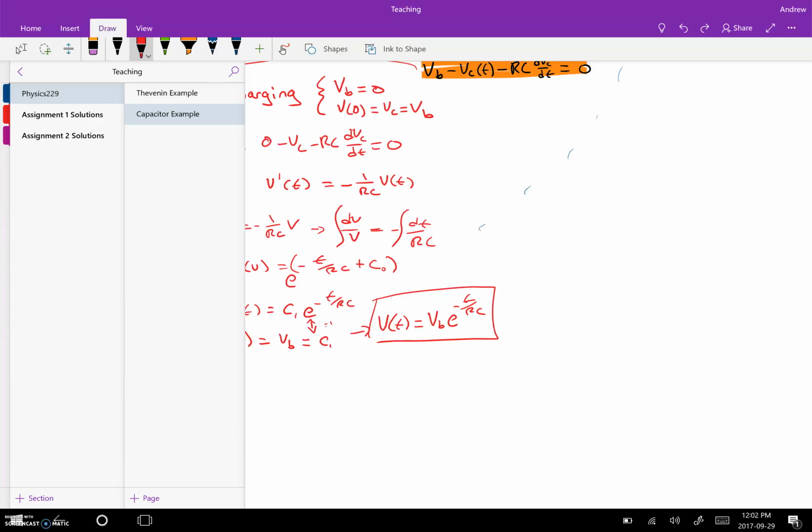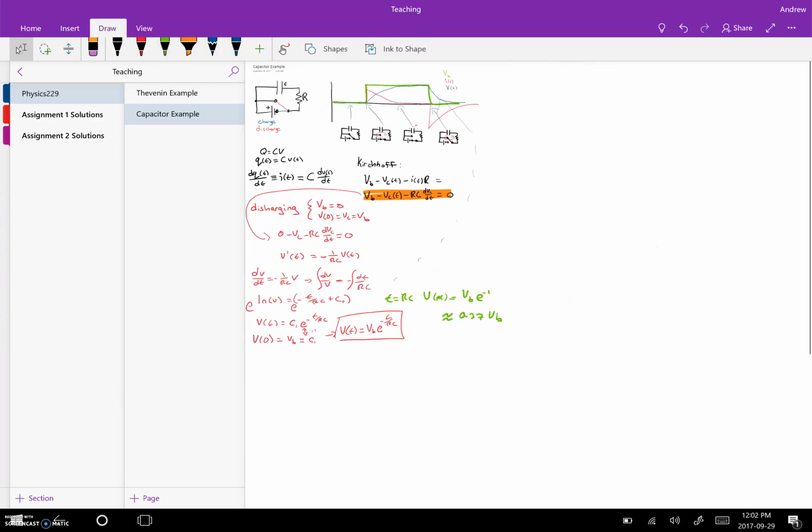But when T is equal to RC, let's write aside, T is equal to RC, V of RC actually, is equal to VB times e to the minus 1. That's approximately equal to 0.37 times VB. So that gives us a characteristic time scale of this system.